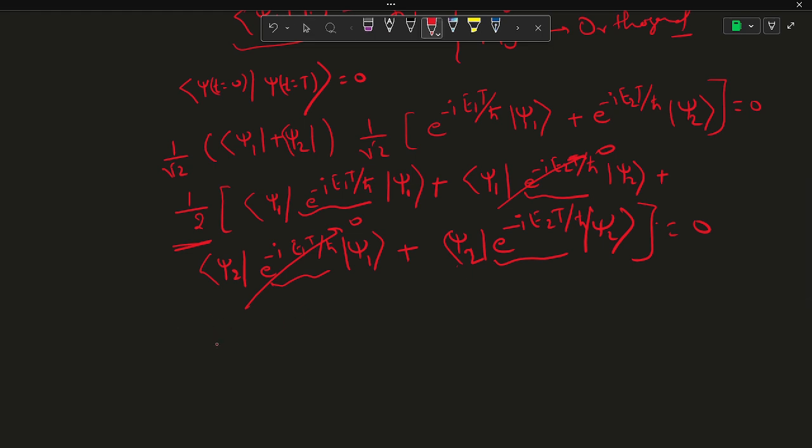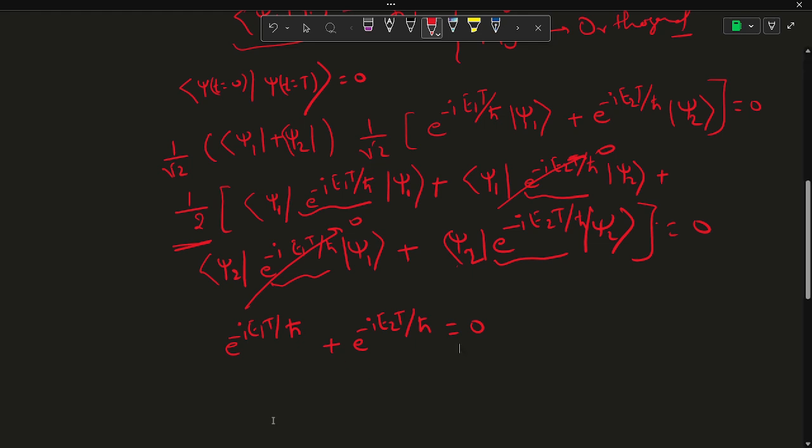So 1 upon 2, here we will get e to the power minus i E1 t upon h-bar plus e to the power minus i E2 t upon h-bar is equal to 0.